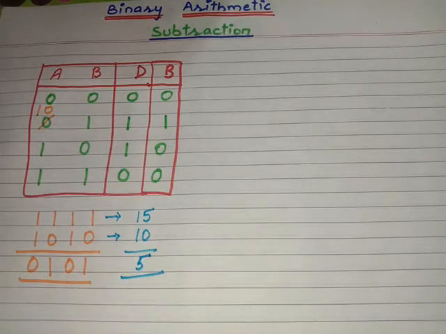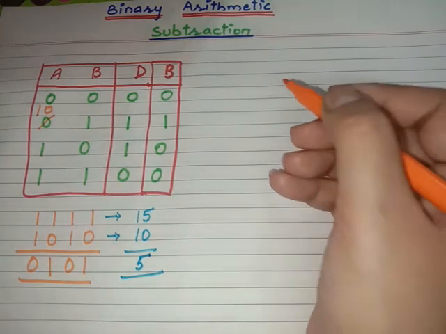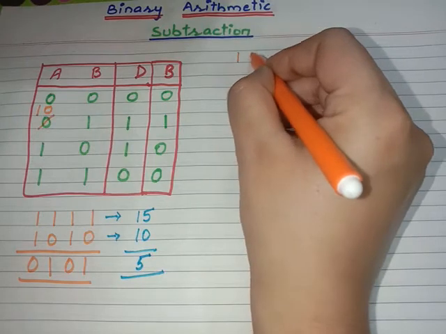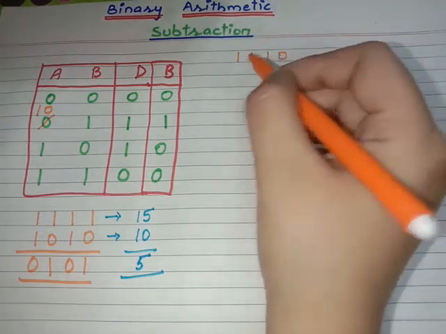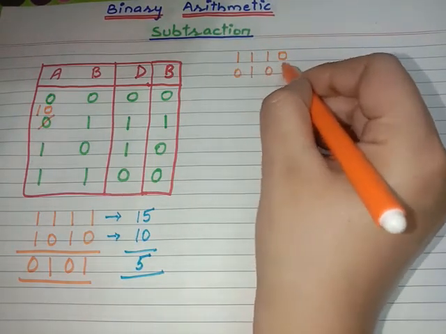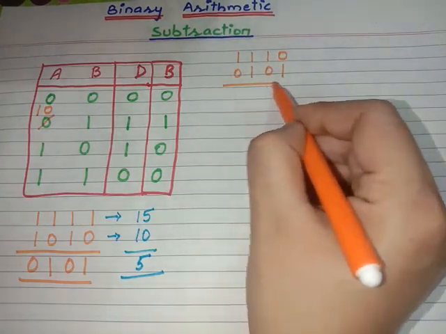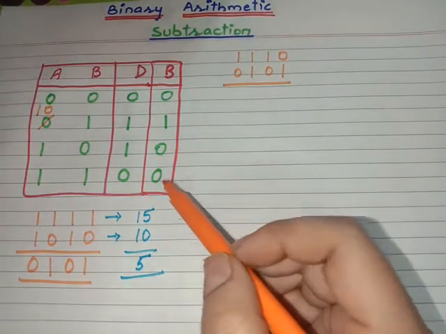This is also 5. Taking one more example, suppose we have the number 1110, and we have to subtract 0101. Just by using this table you can subtract.